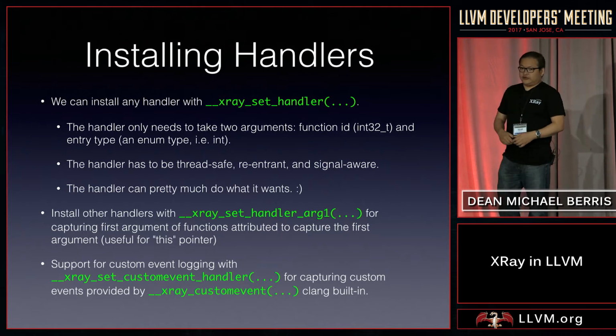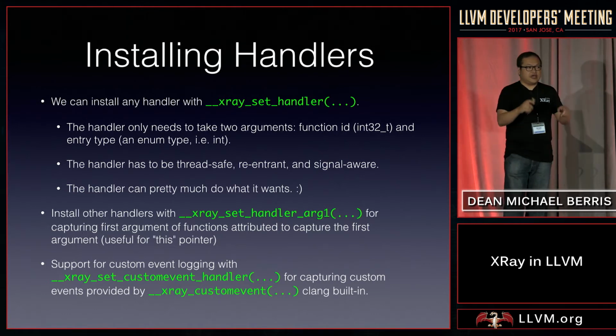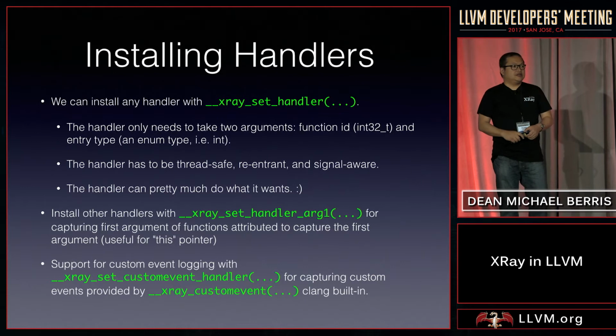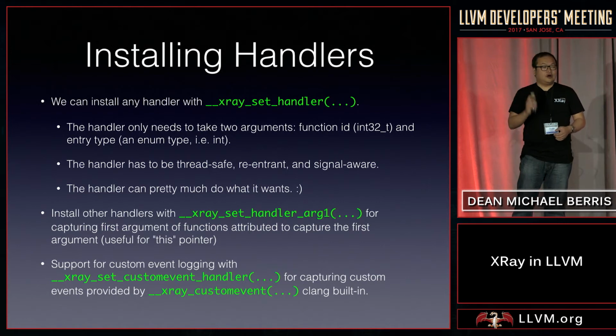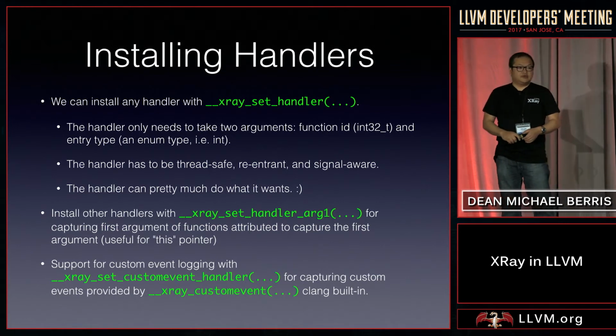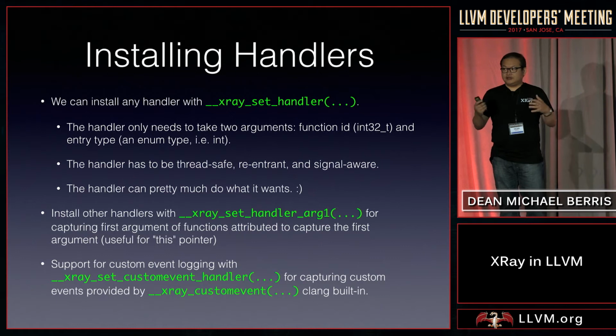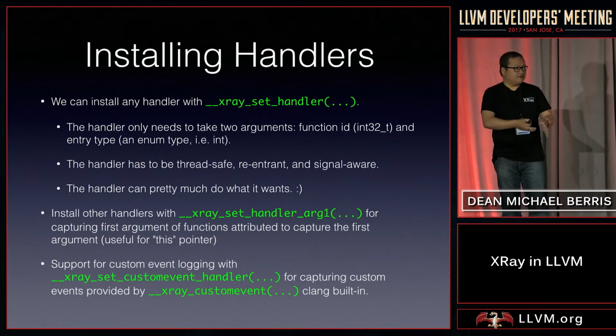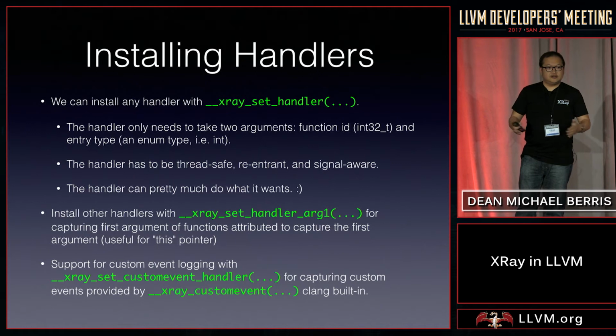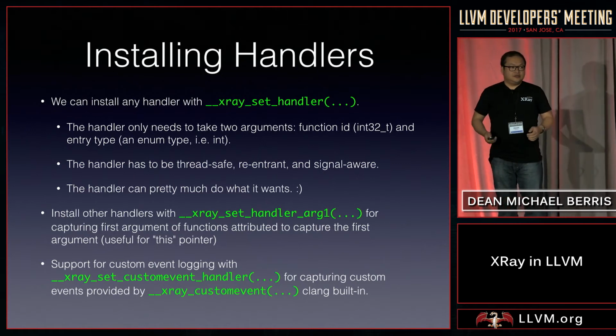And we can also get the first argument of functions if you use the attribute that we provide, and that's useful for getting the address of objects. So if you want to get the address of an object where you call a member function that you instrument, say for example you're doing locks, you want to get the address of a mutex and be able to offline figure out which mutex was causing your latency, then you can do that.